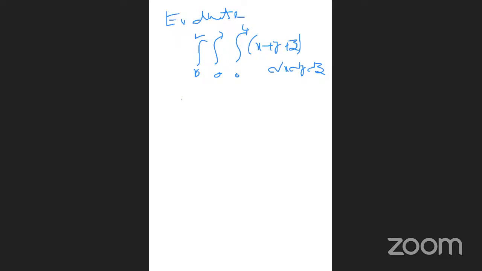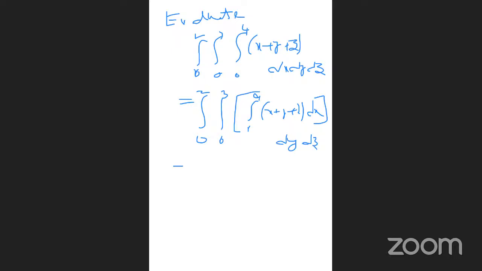So first 0 to 2 and 0 to 3 are outside. Inside is 0 to 4, x plus y plus z, and we are integrating with dx first, then dy and dz.